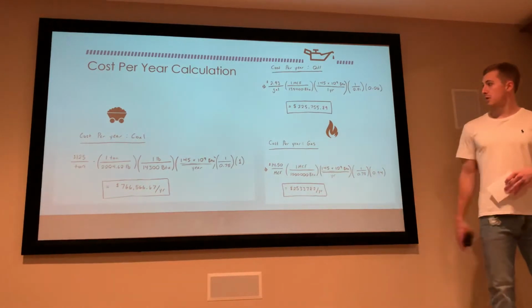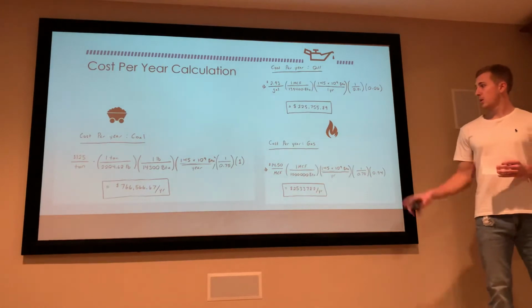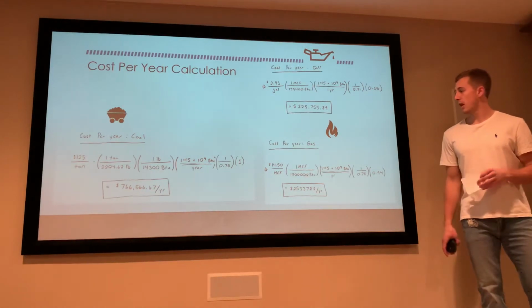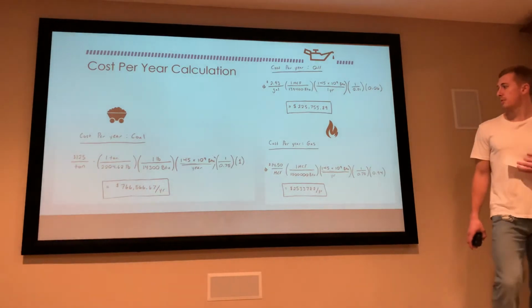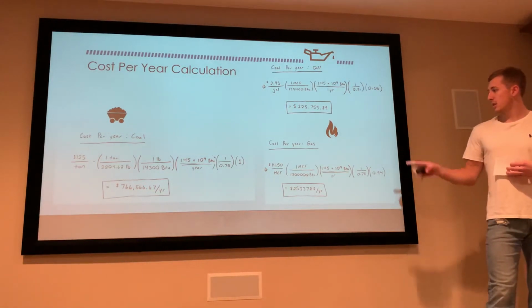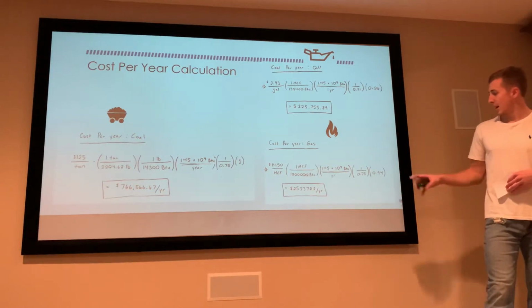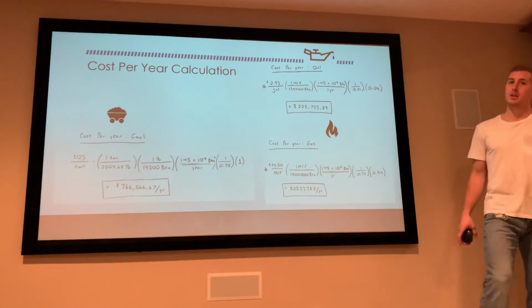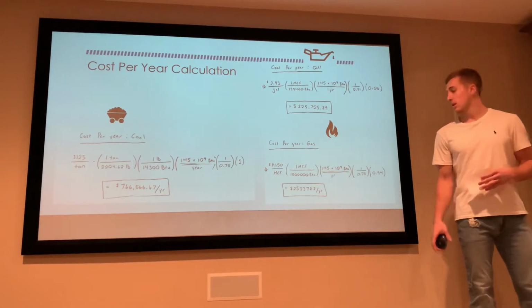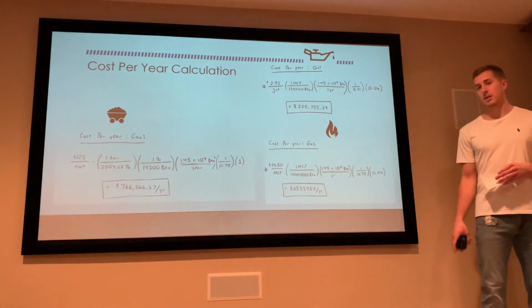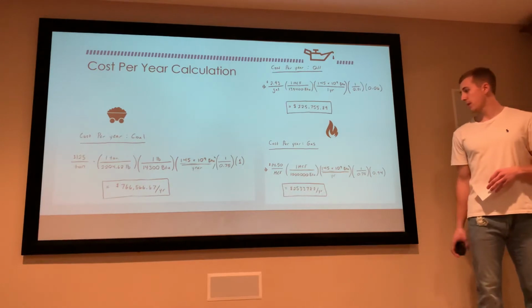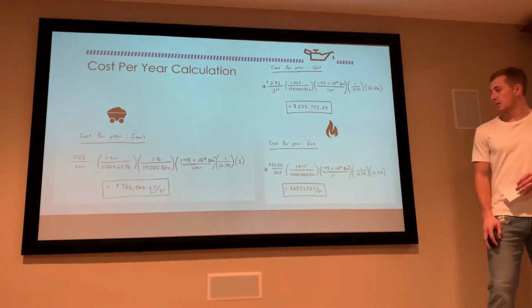For the cost per year for gas, we're given that it's $14.50 per MCF, and we convert that into BTUs, multiply it by our required steam output, and multiply by the efficiency. This process will be running about 94% of the time, so we get about $2.5 million per year.